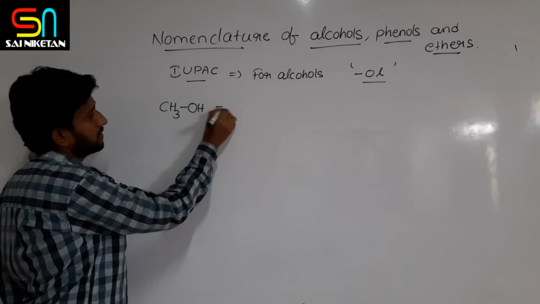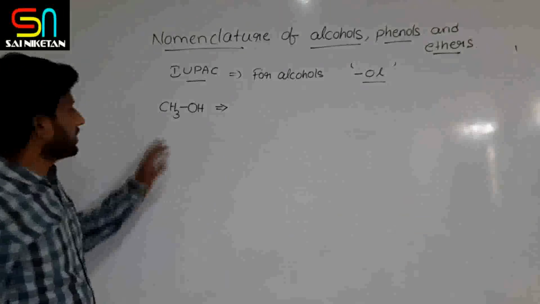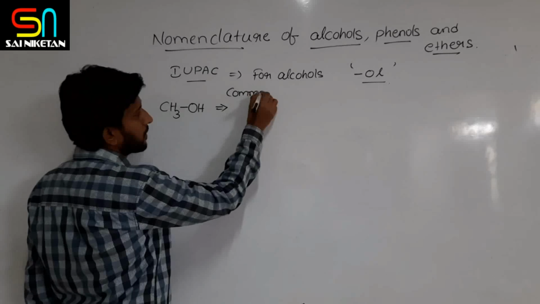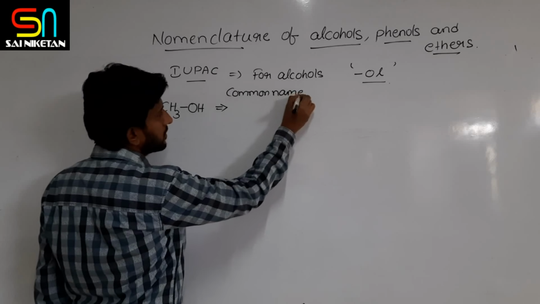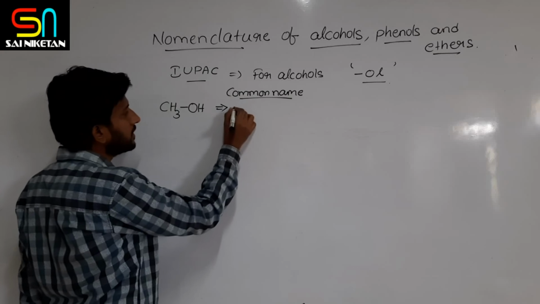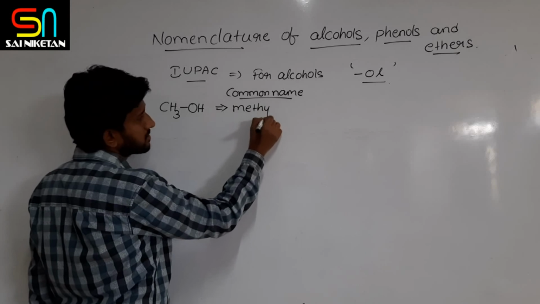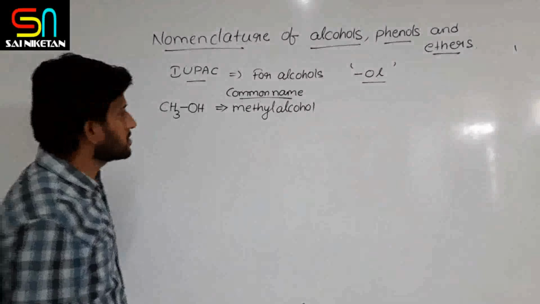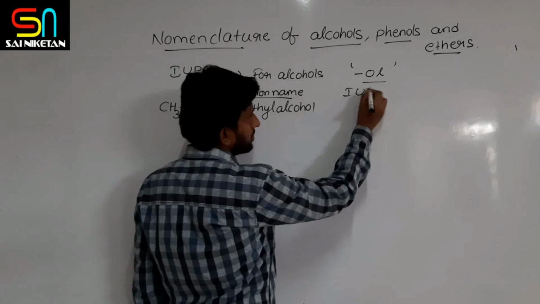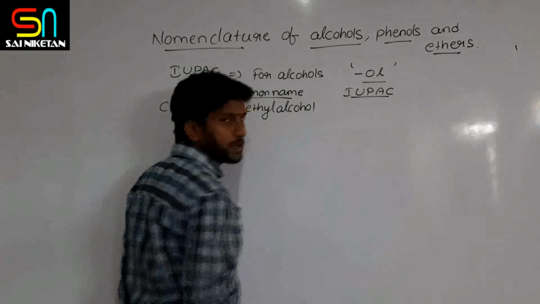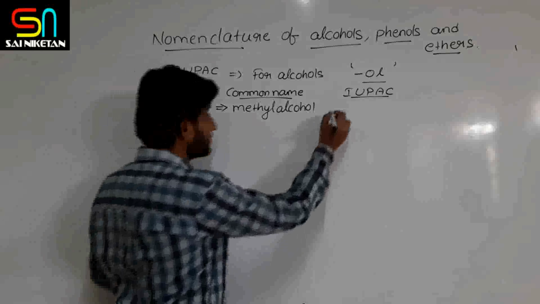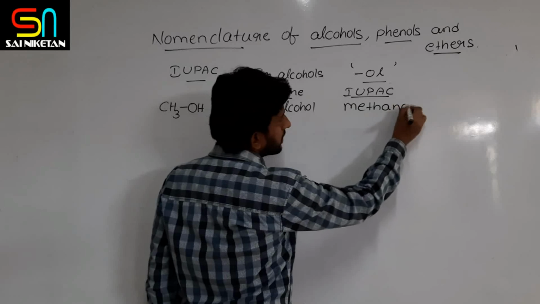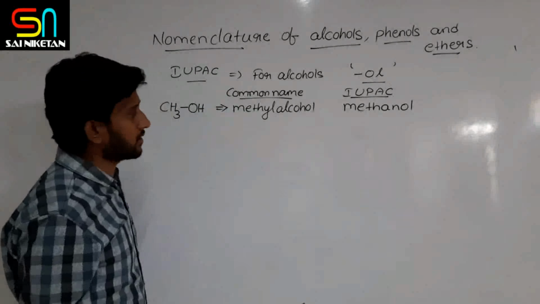CH3OH. As you know, common name is common name. I am writing here, common name of the compound is methyl alcohol. And IUPAC name is, root word is meth, N saturated and OL is alcohol.